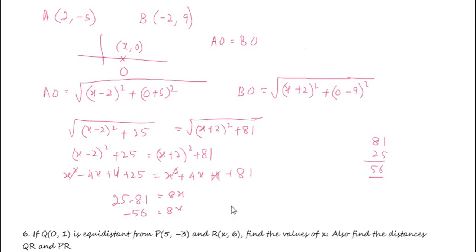So 8x equals minus 56. Therefore x equal to minus 56 divided by 8, that is equal to minus 7. Therefore the point O is (minus 7, 0). These are the coordinates of the point O on the x-axis, which is equidistant from (2, minus 5) and (minus 2, 9).